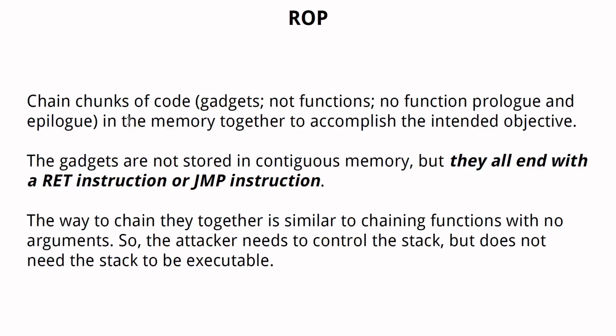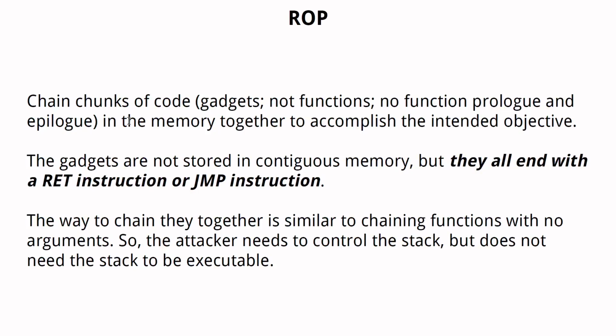The way we are going to chain them together is similar to how we chain functions together. We put the addresses on the stack. The first return will go to the first gadget. Then the first gadget has a return instruction, so you will find the next address on the stack again. The stack pointer keeps moving up, and we keep executing the gadgets.